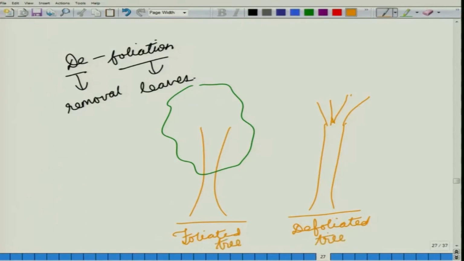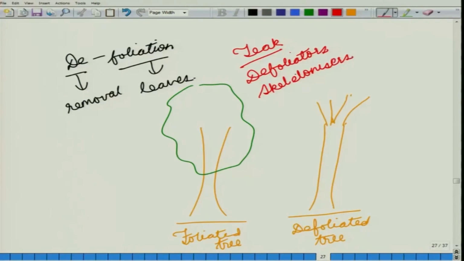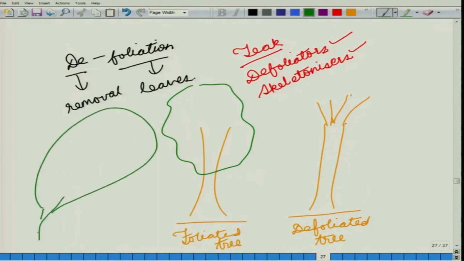Now, a tree might be defoliated because of a number of reasons. For instance, in the case of teak, we have some insects called defoliators and some other insects called skeletonizers. Now, what does a defoliator do? A defoliator just makes all the leaves drop down to the forest floor, whereas in the case of a skeletonizer, suppose consider this to be a leaf.